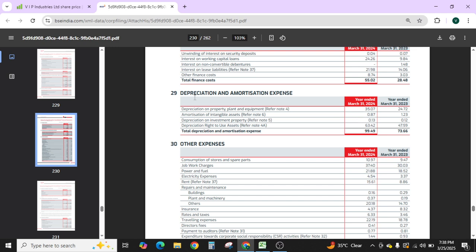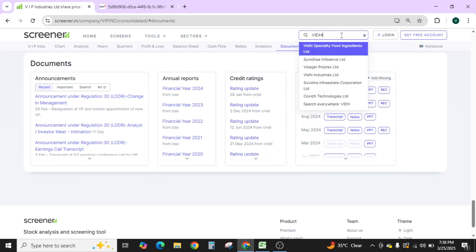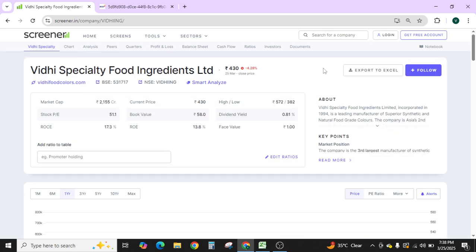But if you want to see depreciation, it is 35.07, plus there is right to use asset too, which we will look at in another video. But if we see another company, like if we take VD Special for FY24, they don't have ROU.